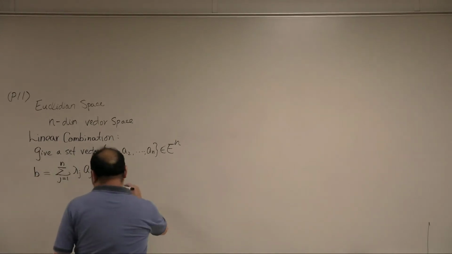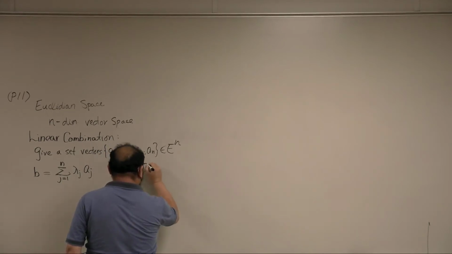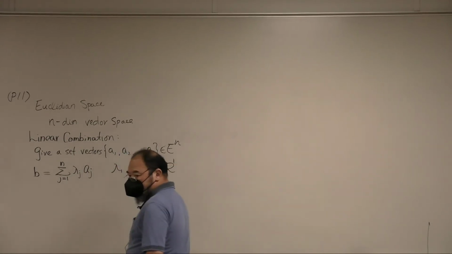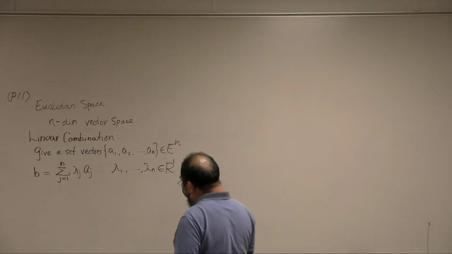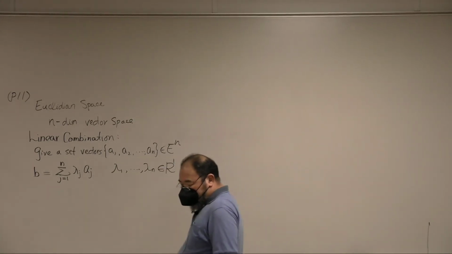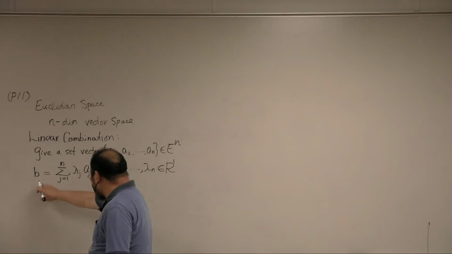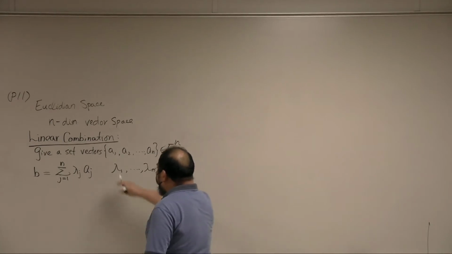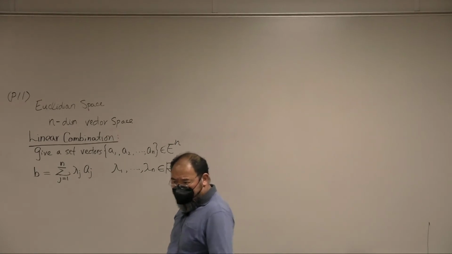Lambda 1 to lambda n belong to the real numbers, or dimension of 1. So they're real numbers, and this means it is a so-called linear combination. So B is a linear combination of vectors A1 to AN.